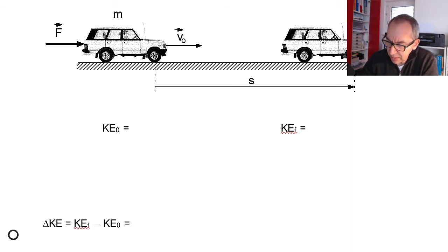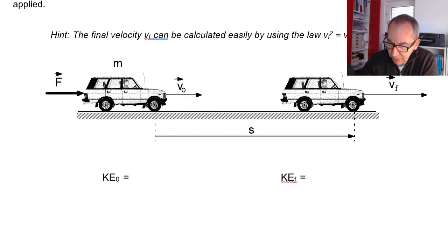The kinetic energy at the beginning simply is 1/2 mv0 squared. At the final is 1/2 mv final squared.